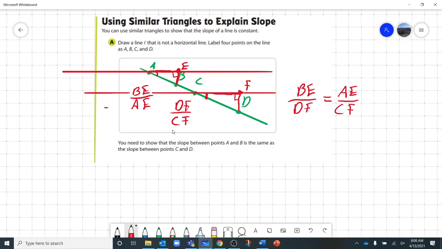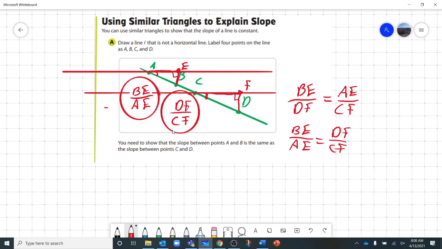And we can write the proportion so that the ratios compare parts of the same triangle, which is what we wrote right here, BE over AE and DF over CF. So we can write those as equal to each other. BE over AE is equal to DF over CF.